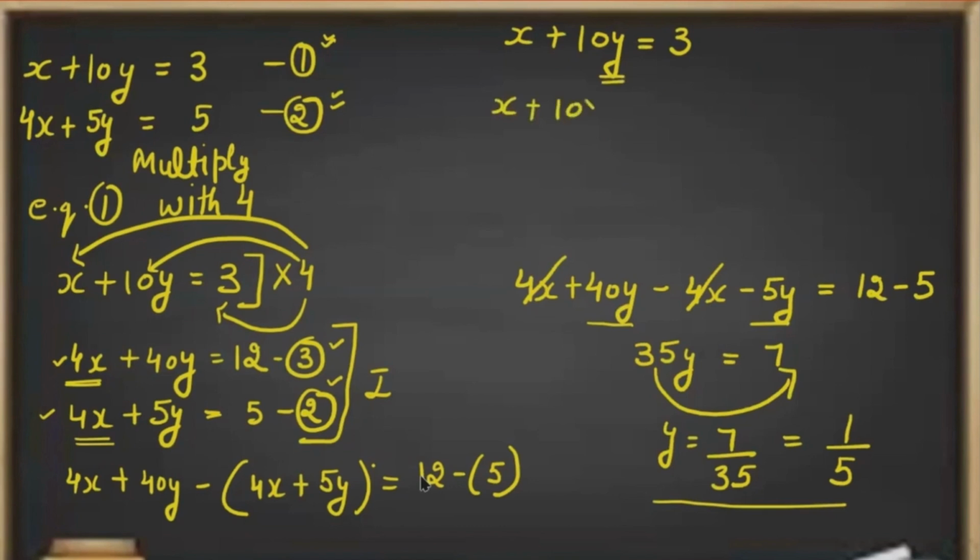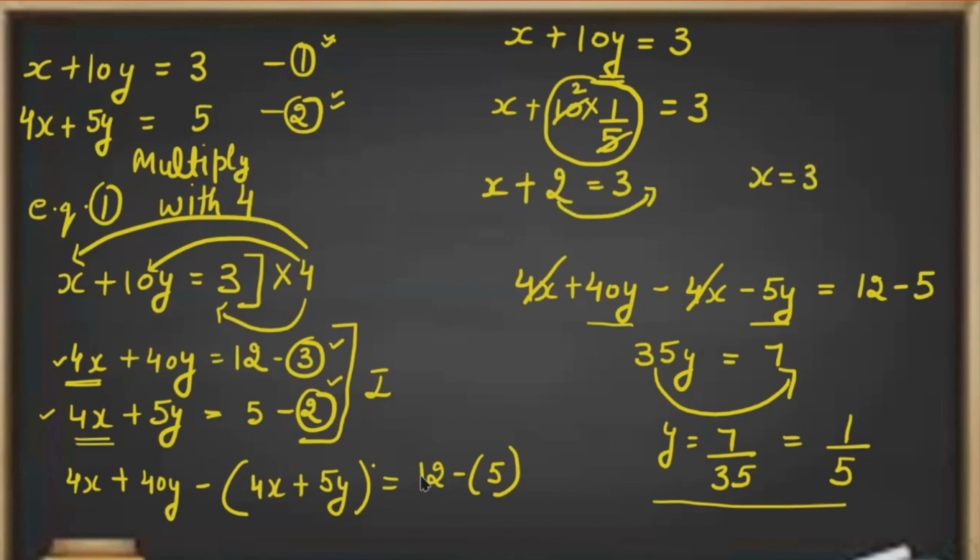Now simplify this part, because it is a multiplication. 5 ones are 5, 5 twos are 10. We'll get 2. So x plus 2 equals 3. We will take 2 to the other side, we'll get x equals 3 minus 2, which is equal to 1. Therefore, the solution for these two equations is x equals 1 and y equals 1 by 5.